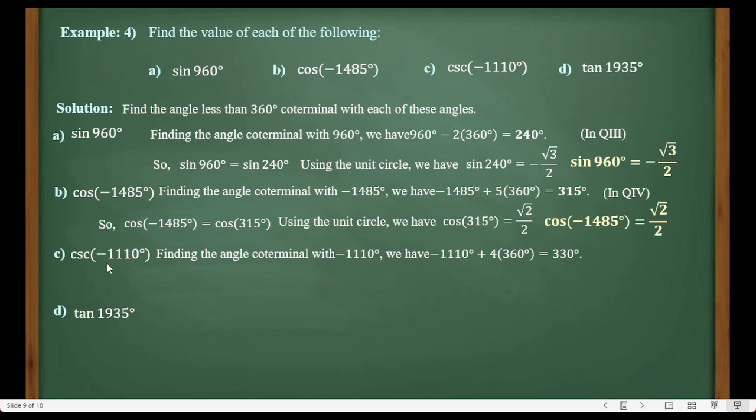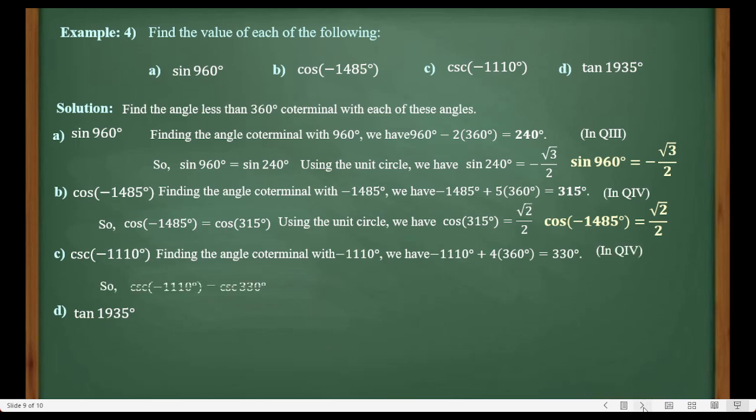Cosecant of negative 1110. Of course, negative 1110 must be replaced by its coterminal less than 360 degrees. So, you add 360 four times, so that the result becomes 330 degrees, which is in quadrant 4.